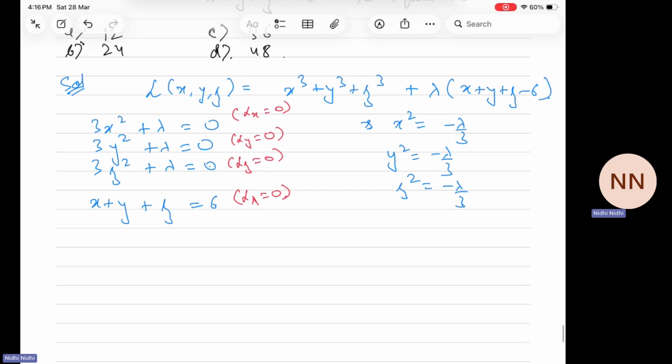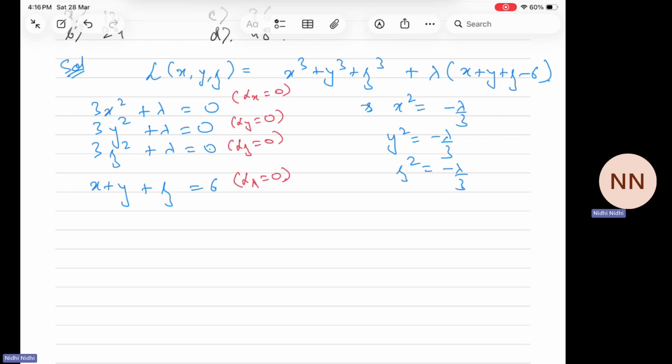And from there, we have several cases. So x is equal to plus or minus under root of minus lambda by 3, because we do not know what lambda is. It need not be positive.